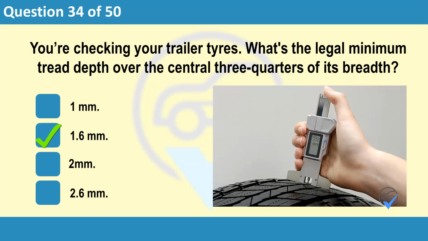Trailers and caravans may be left in storage over the winter months, and tyres can deteriorate. It's important to check their tread depth and also their pressures and general condition. The legal tread depth of 1.6 millimetres applies to the central 3/4 of a tyre's breadth over its entire circumference.